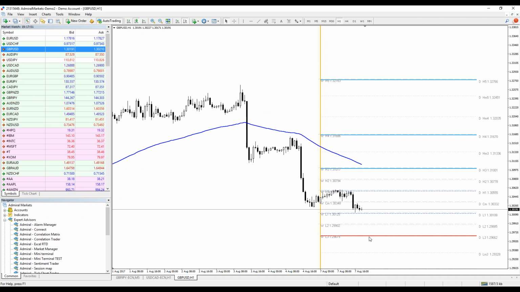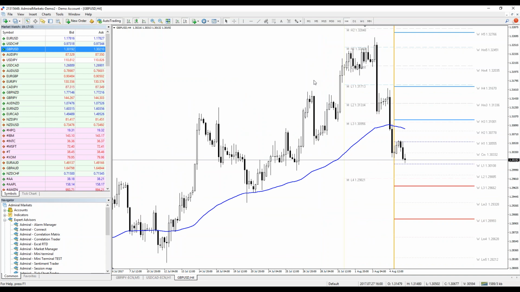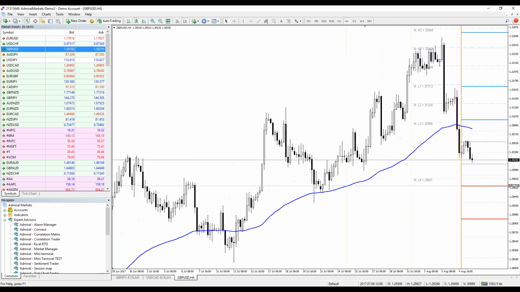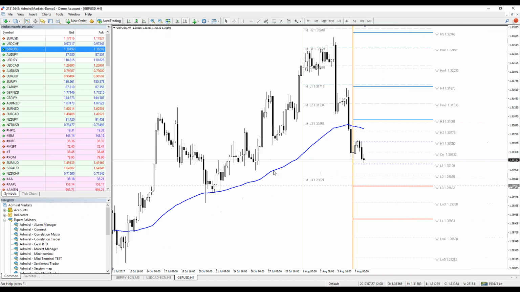It could be tested, so I think this level could provide us with a buy opportunity. Also here you can see there is strong rejection. Buyers, buyers, buyers. Order block, mini order block. So this could be a nice level to go long.